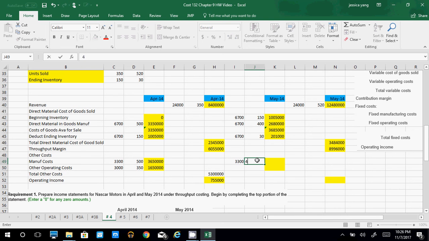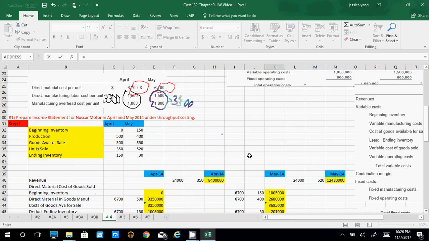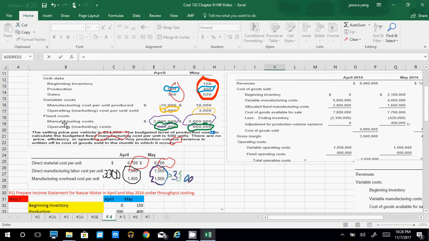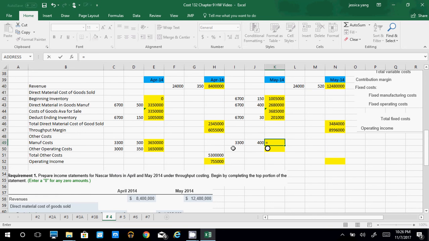Multiply by our 400 units in May, adding our 2 million in May of manufacturing costs. That gives us a total of 3,320,000.